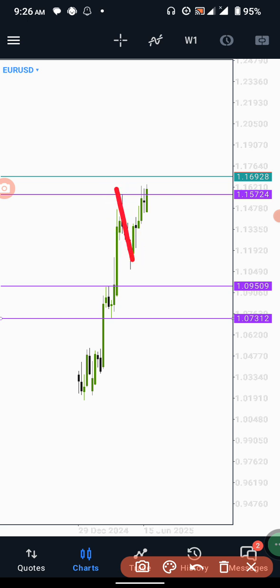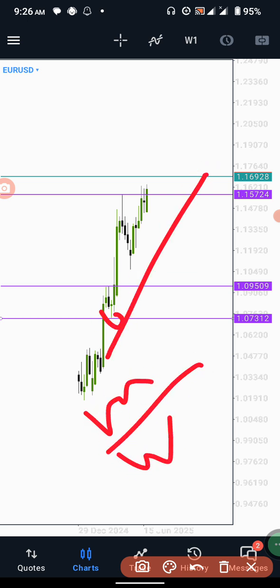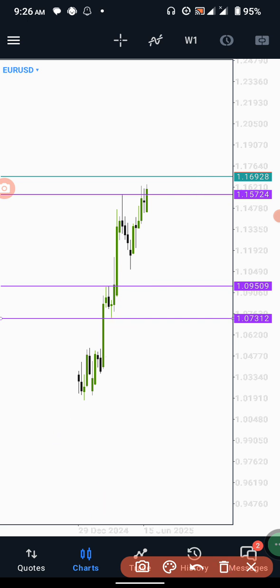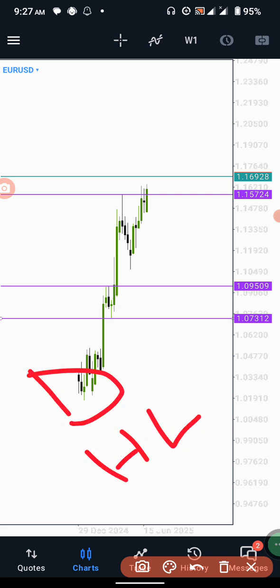So in the market retracing like this, if I receive a shift in daily or a shift in H4, 2 time frames lower than weekly, in line with the weekly uptrend and the monthly uptrend, if I receive a shift in those time frames lower than weekly, which are daily and H4.